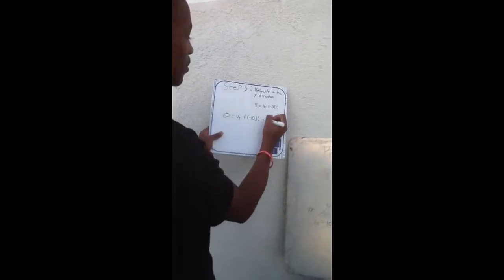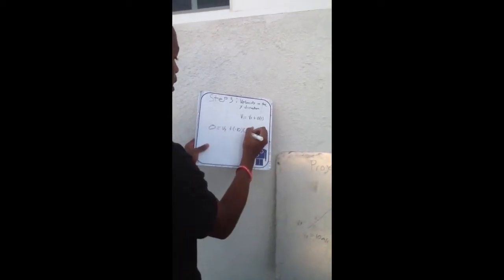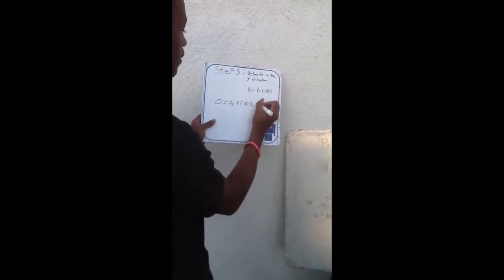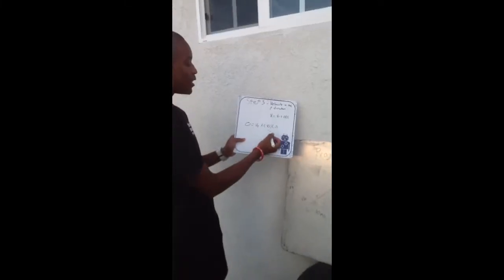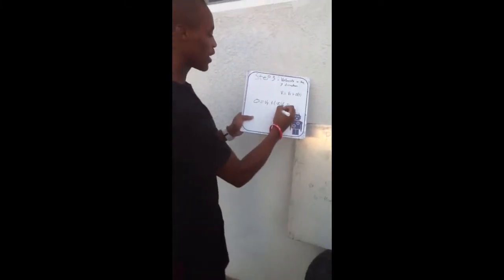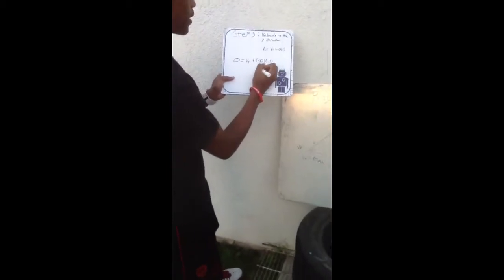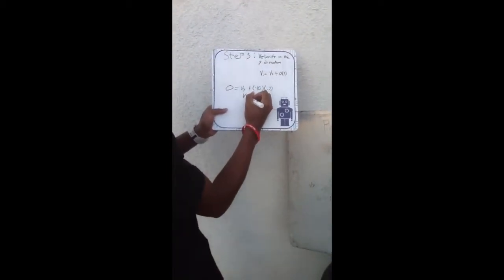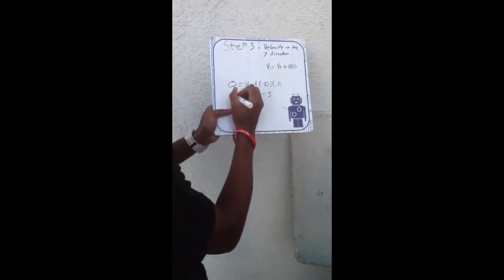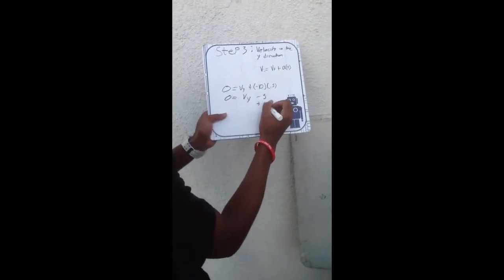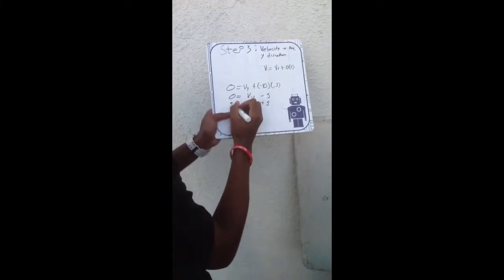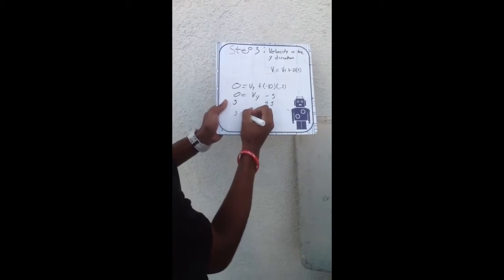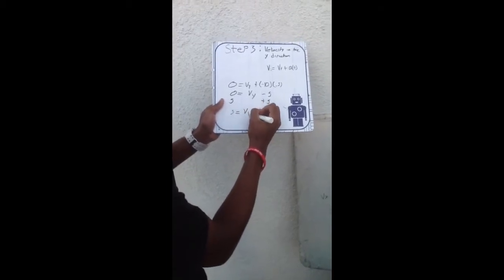The time is the time at the highest point, so it is 0.5. Applying negative 10 times 0.5 will get you negative 5, minus your Vy is equal to 0. Then you add 5 to both sides of your equation. It gets you 5 is equal to Vy.